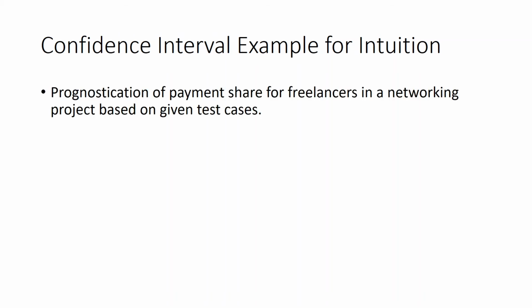Prognostication of the payment share for freelancers in a networking project based on the given test cases. This is a company where there are a lot of freelancers working on a networking project.